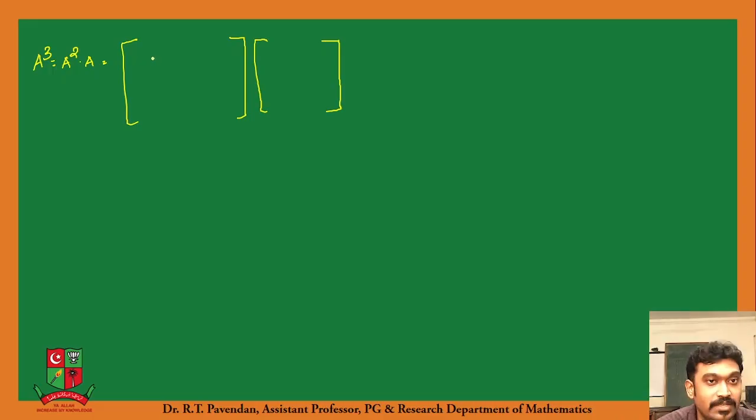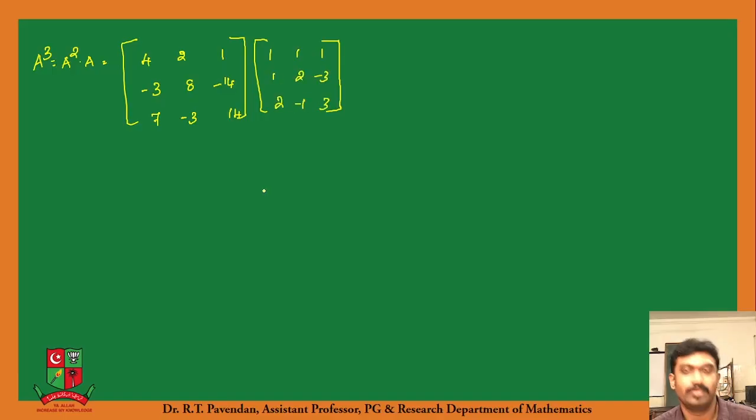So A square is 4, 2, 1, minus 3, 8, minus 14, 7, minus 3, 14. And the A matrix is 1, 1, 1, 1, 2, minus 3, 2, minus 1, 3. So now we have to find the value of A cube by multiplying these two. The same method as we used for the A square.